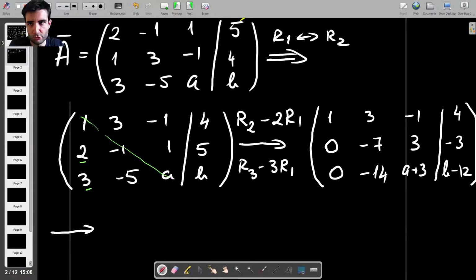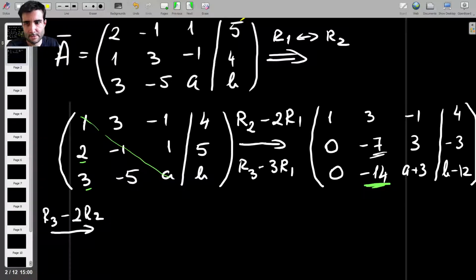The next thing to do would be to get one more 0, which is here. We're quite lucky because this term is twice as big as minus 7. So we can now do row 3, and we won't add, but instead we will subtract 2 row 2.